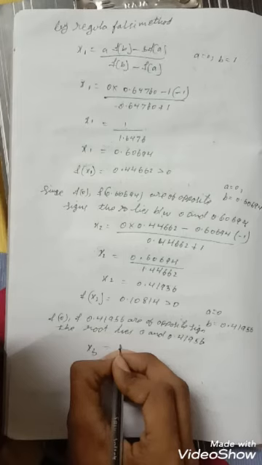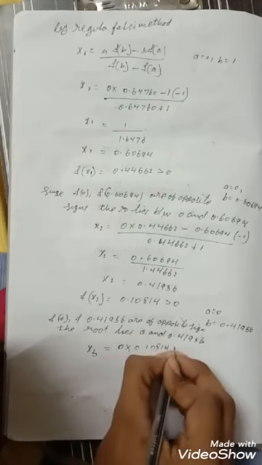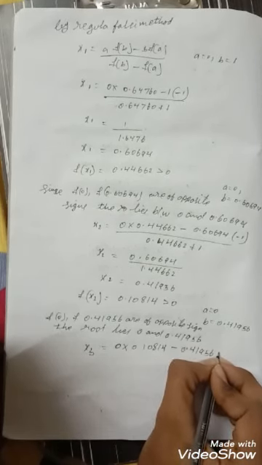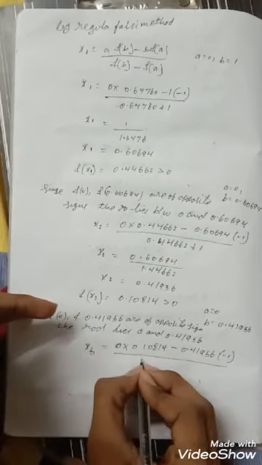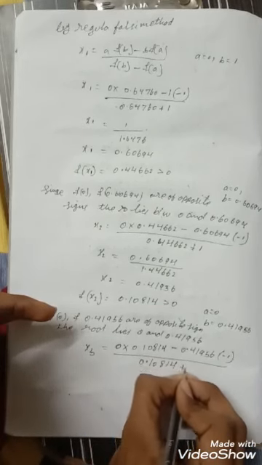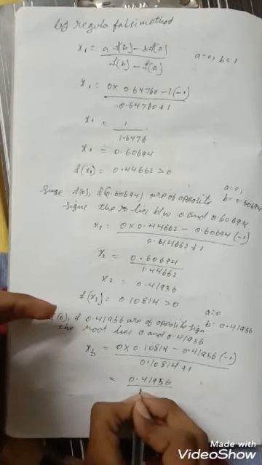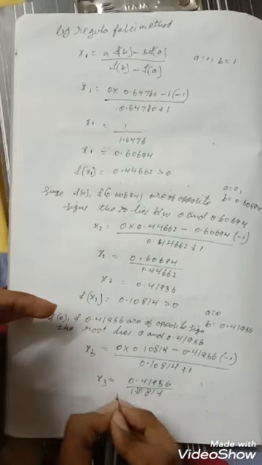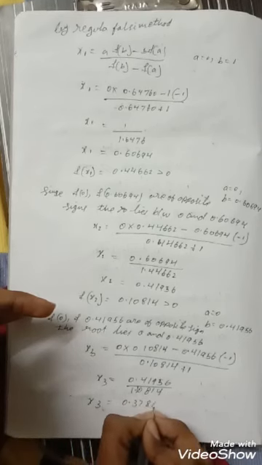Substituting the values, a is equal to 0 and f of b, that means f of x2, as 0.10814, minus b as 0.41956, that means x2, and the value of f of a, f of 0, as minus 1, by 0.10814 plus 1, is equal to 0.41956 by 1.10814, which is equal to x3 is equal to 0.37862.